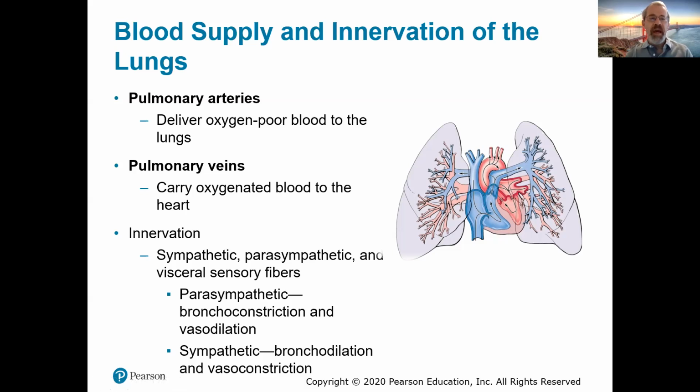The nerve supply of the lungs: the nerves are primarily under the influence of the autonomic nervous system. We'll focus on that. The autonomic nervous system includes, of course, the sympathetic and the parasympathetic. Hopefully you remember that the sympathetic is the fight or flight.